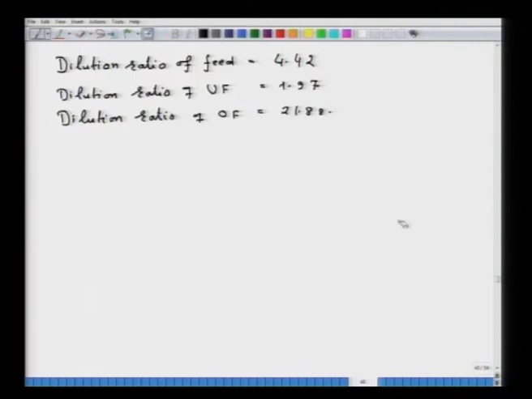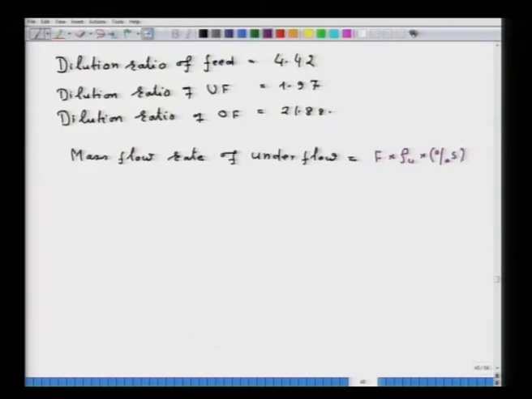So, once we have determined the dilution ratio, now we can find out the mass flow rate of underflow, that will be equal to the formula F into density of underflow into percent solid in underflow.